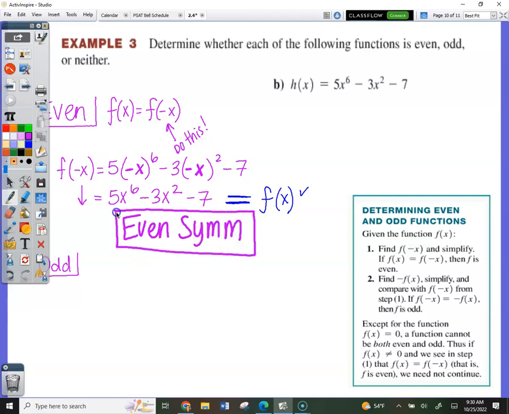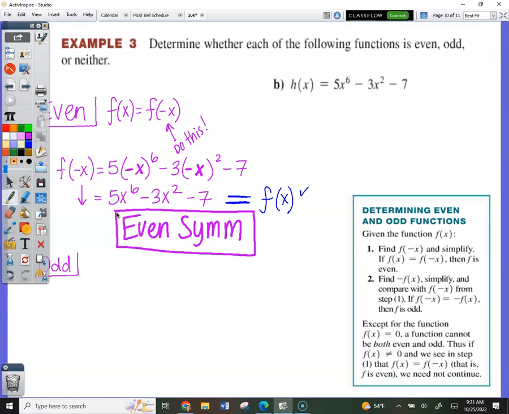Now here's a beautiful thing. If it has even symmetry, there's no need to check for odd symmetry. It cannot be both even and odd. It can't reflect over the y-axis and rotate 180.